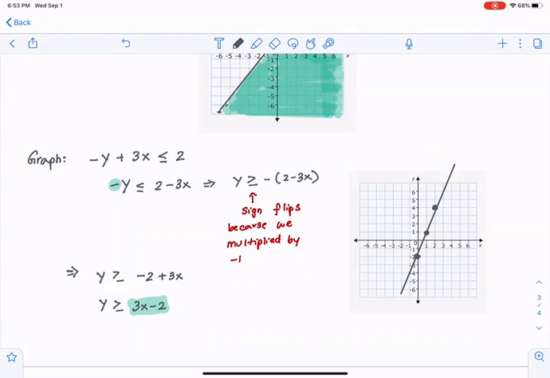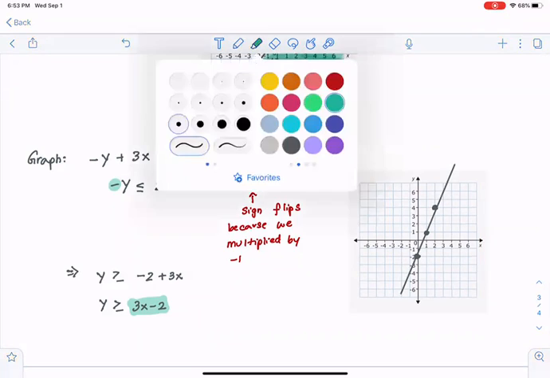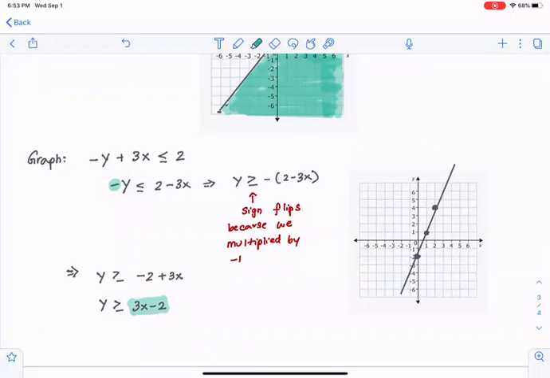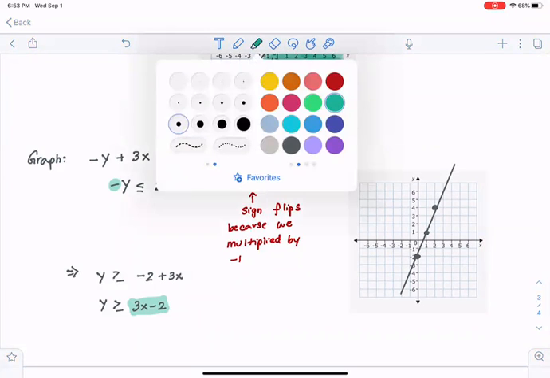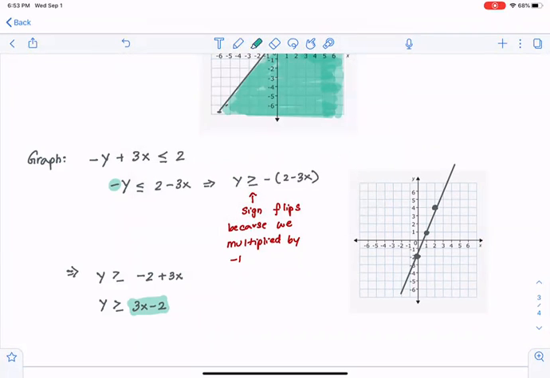The sign now is greater than, so we have to use the upper region for the solution.